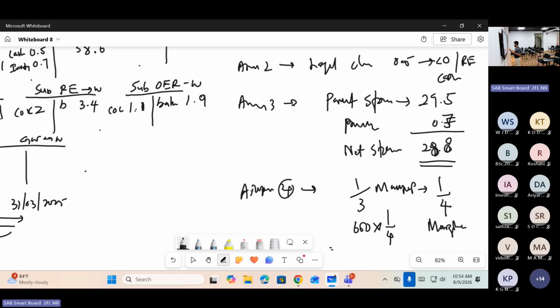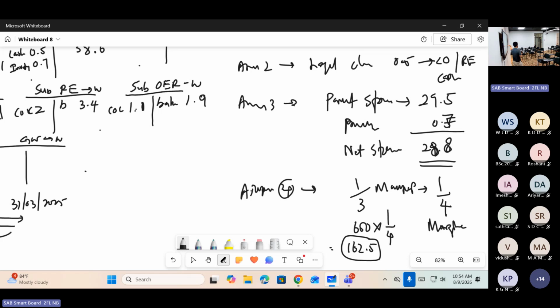Unrealized gain, how much? 162,500. Why? We have sold 10 million between two entities, and they're keeping 650,000 in inventory. Under the 650,000, we have an unrealized gain of 1/4.